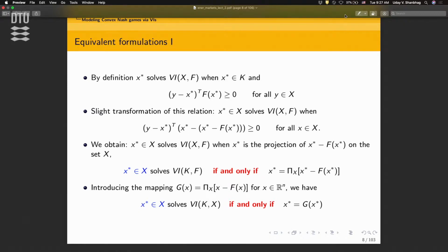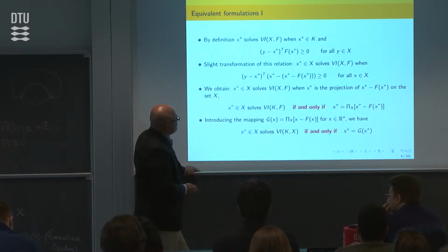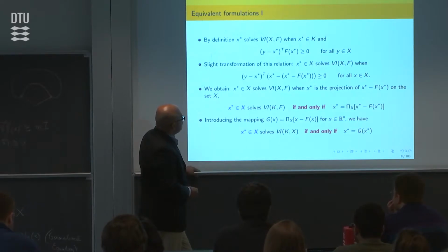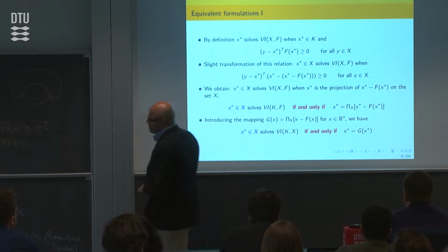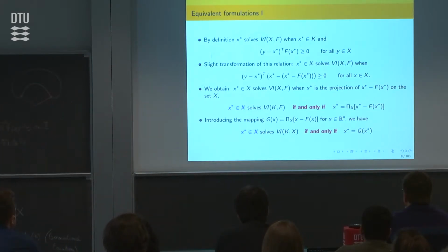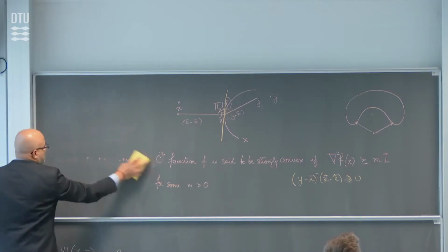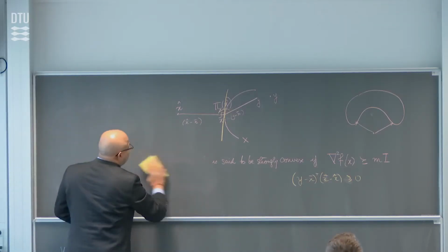So by definition, x star solves VI(X, F) when x star lies in X, and y minus x star transpose F of x star is non-negative for all y in X. Now, if I slightly transform this, I want to make sure you understand why this inequality is useful.